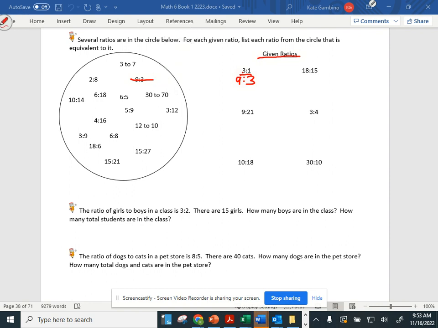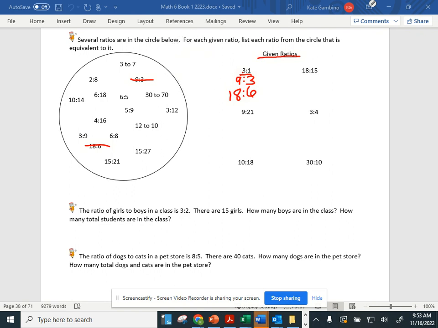Did you find one, Luciana? 18 to 6. We multiplied to get 18 to 6, so 1 times 6 is 6. Is 3 times 6 18? It is. So that one works. Anybody find any other ones?